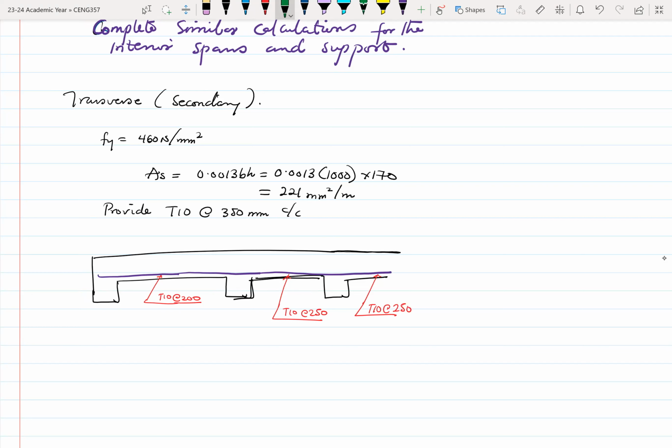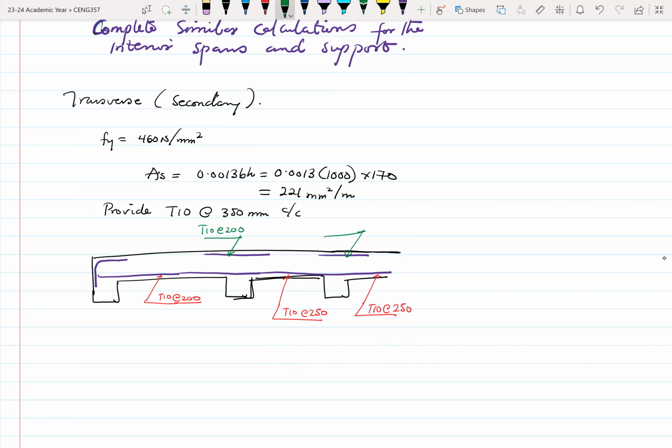Then when you do over the support, you also have your support bars, because the tension moment will be at the supports, so they'll be up here. In the same way, this here and this over here will be maybe T10 at 200 if you do the calculations.